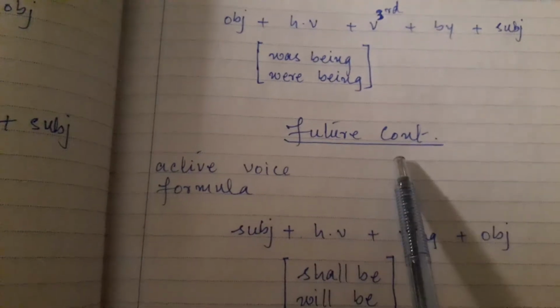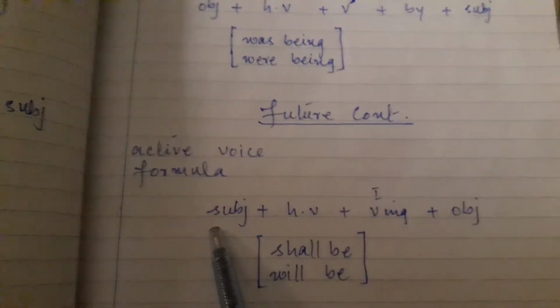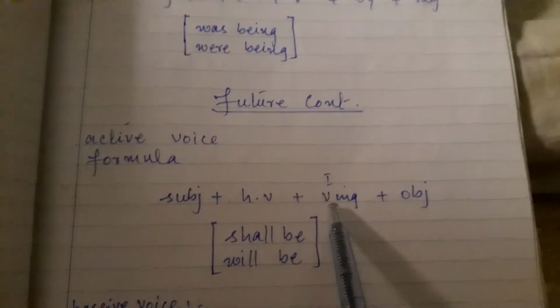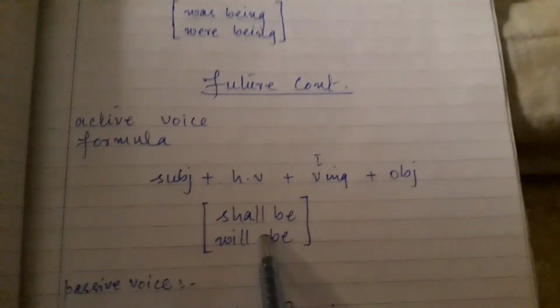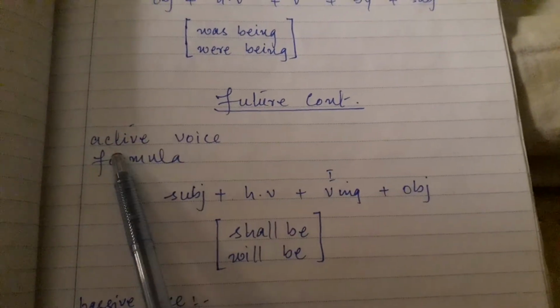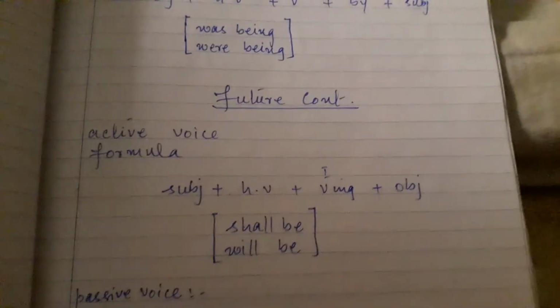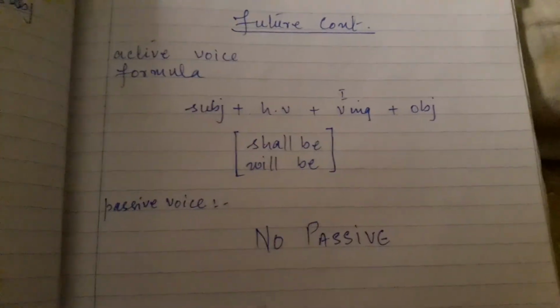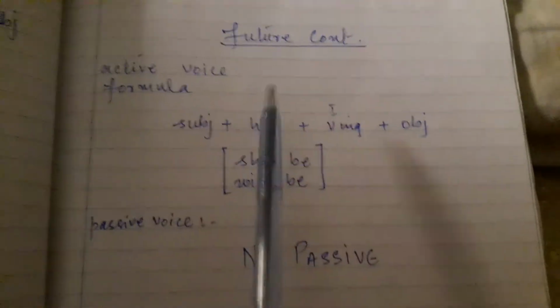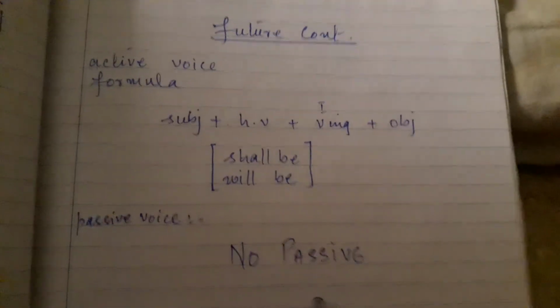Now future continuous active voice formula: subject, helping verb, verb first form, ing for continuous, and object. What's the helping verb in case of future continuous active voice? Shall be, will be. Now what happens in passive voice? No passive. Already I told you that future continuous has no passive.